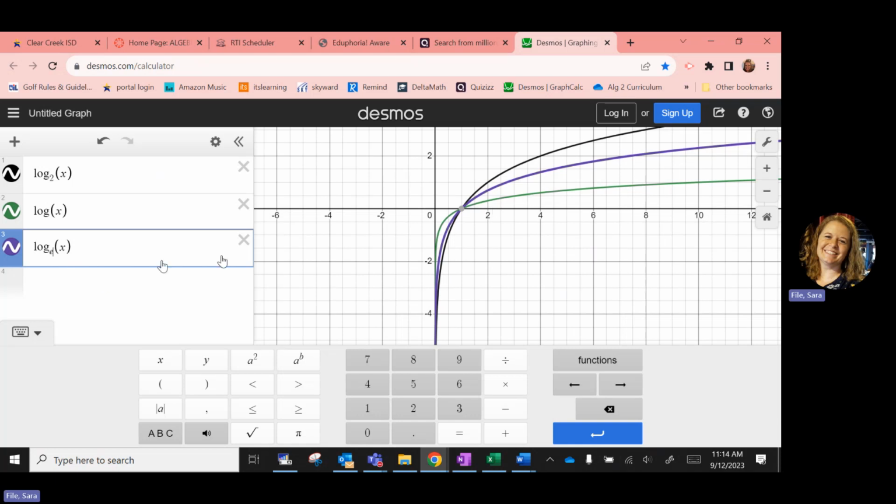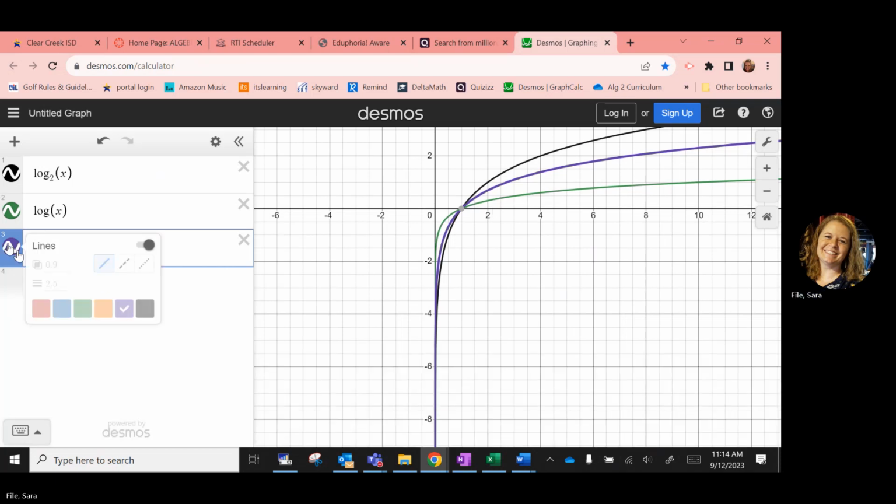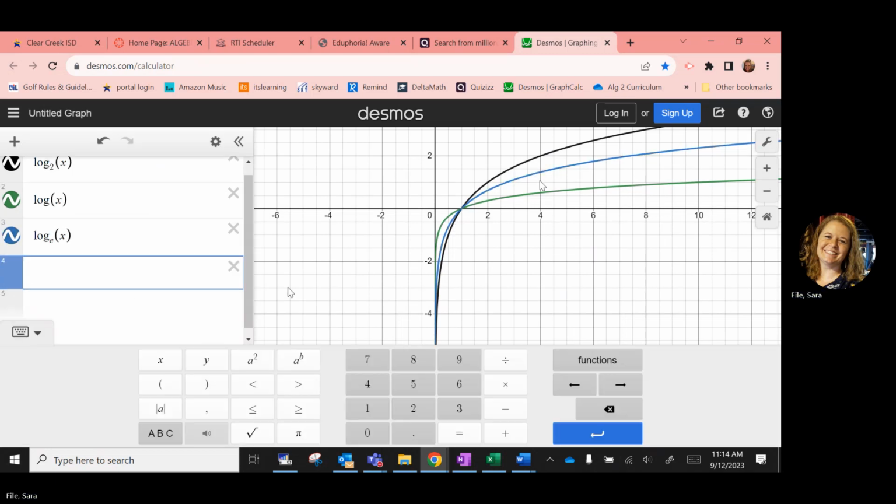You can see the natural base there would be in between, just like on the exponential. The natural base was between a base 2 and base 10 because e is like 2.7 something, right? But it's still same x-intercept, same vertical asymptote, same general shape, okay?